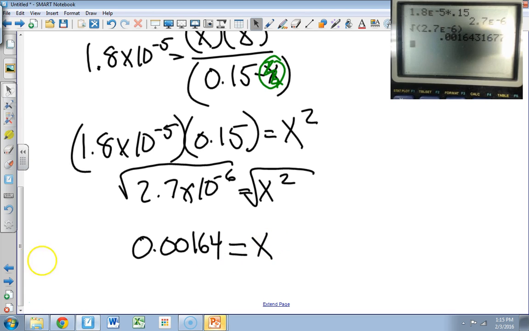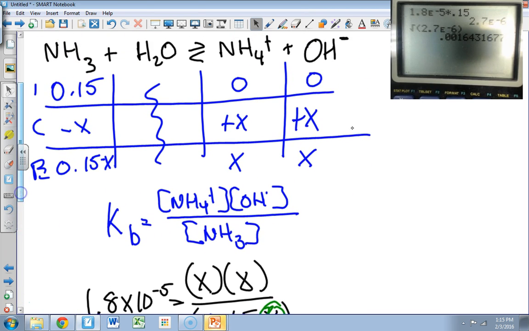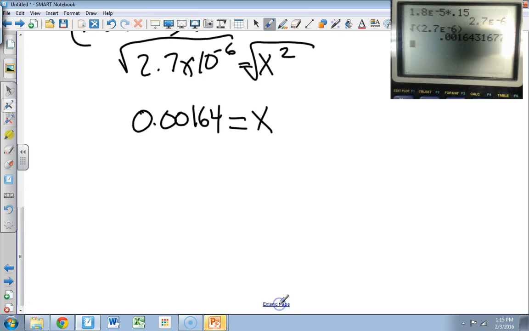We do have X, which is great because that will lead us to what we need. We have X, that's the concentration of hydroxide, but it is not yet pH. So this equals the concentration of hydroxide ion. Now from here we can do one of two things.